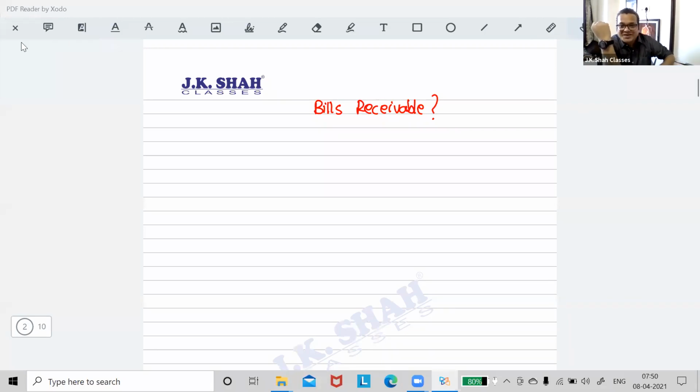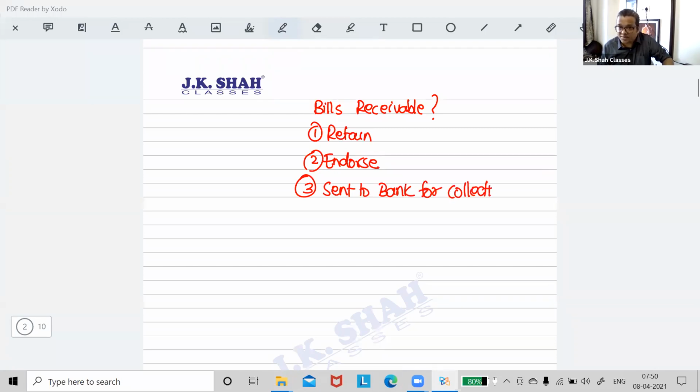So either I can retain the bill till the due date, or I can endorse it to someone to whom I have to pay money, or I can hand it over to the bank, sent to bank for collection, or I can also get it discounted.